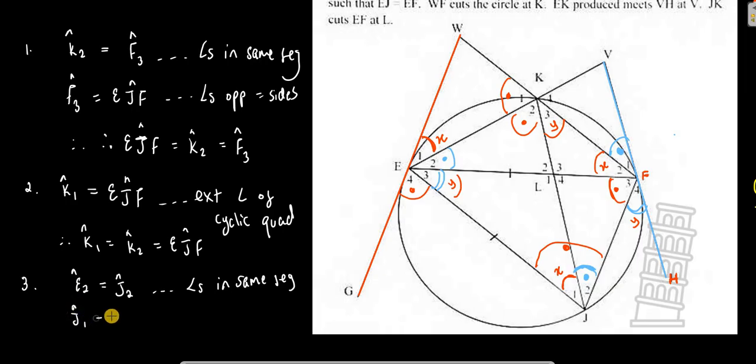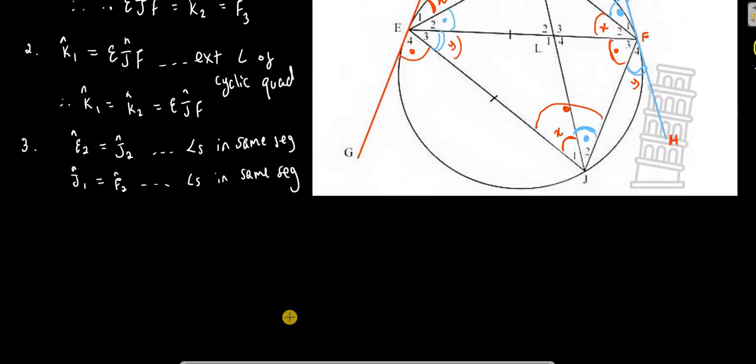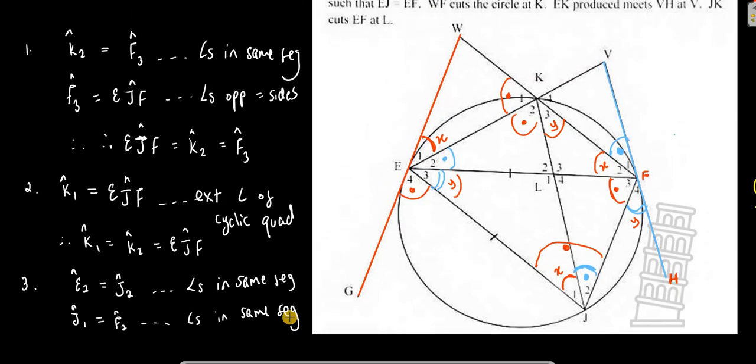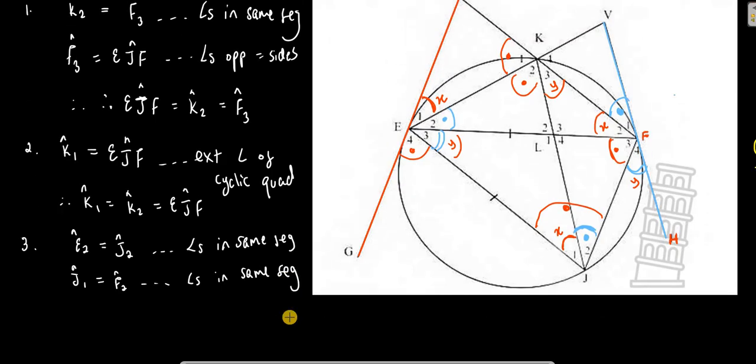Angle J1 is equal to angle F2 because those are angles in the same segment. So that is what we have, right? That means we know that angle J1 is equal to F2, E2 is equal to J2.